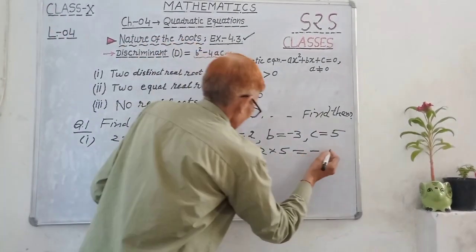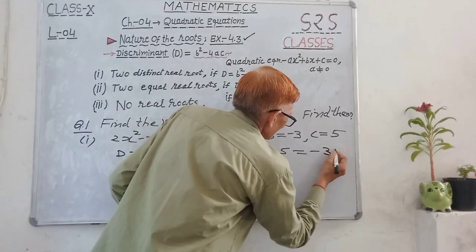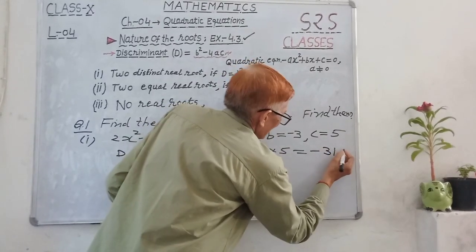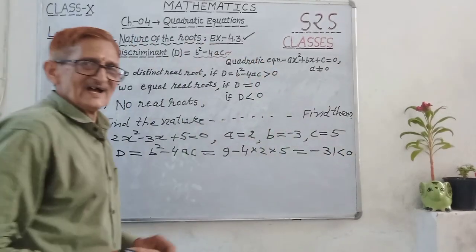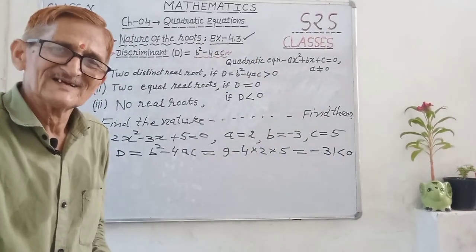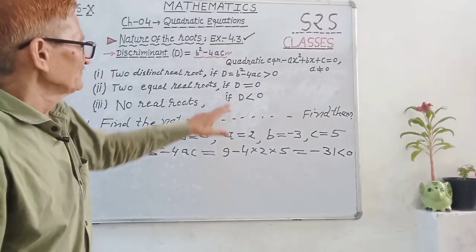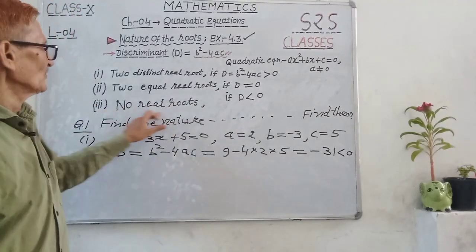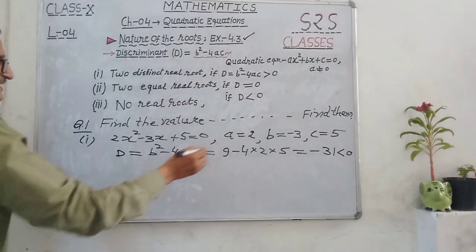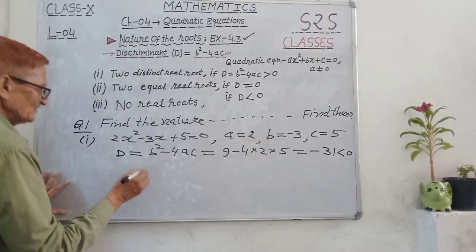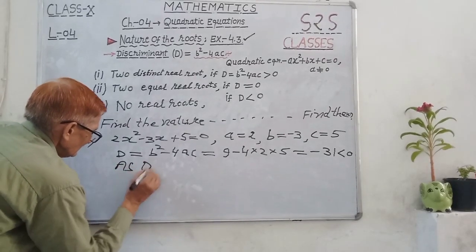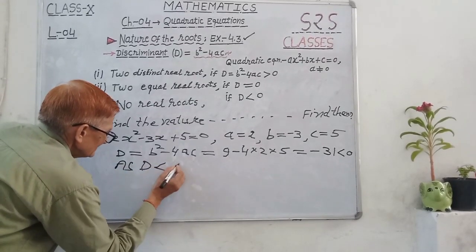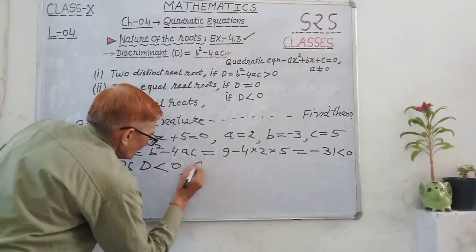Okay? This is less than 0. It is negative, any negative real number is less than 0. So which case? Third case, no real root. So D is less than 0.